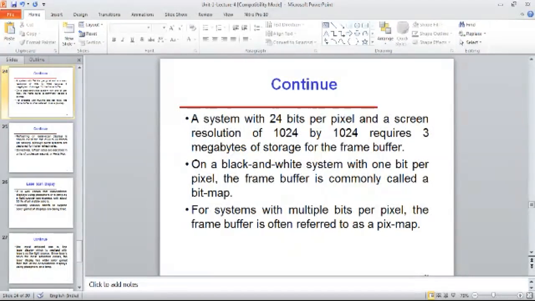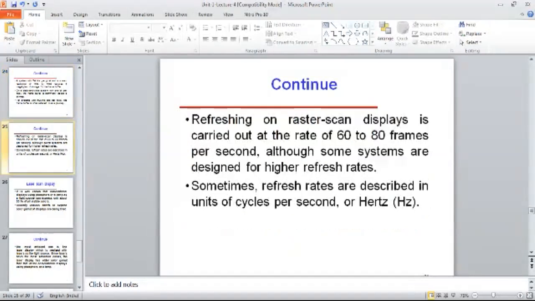In this case, we store multiple bits per pixel, and this is called the pixmap. Earlier, it is called the bitmap, and in the other case, it is called the pixmap if we are storing multiple bits.